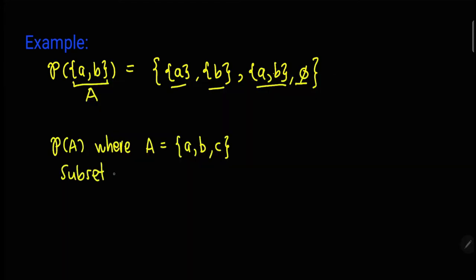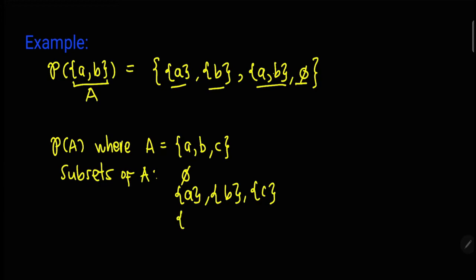So we get the subsets of A as follows. The empty set contains no element of A. If we get the sets containing just one element of A, we get the singleton A, the singleton B, and the singleton C.